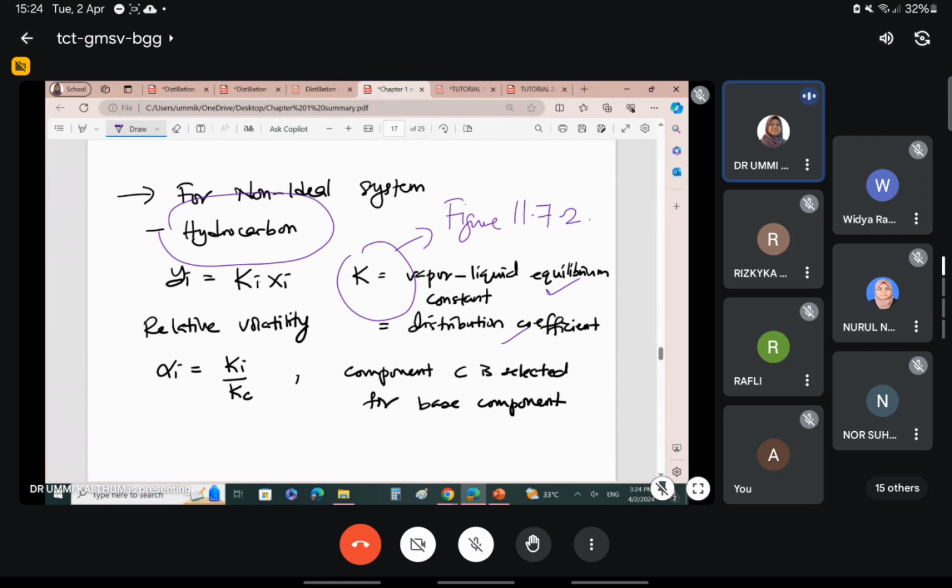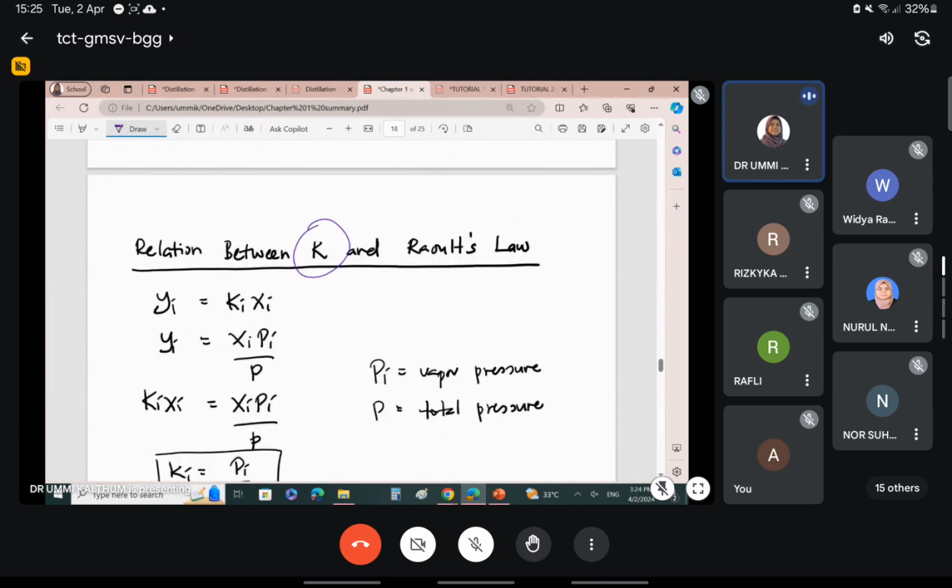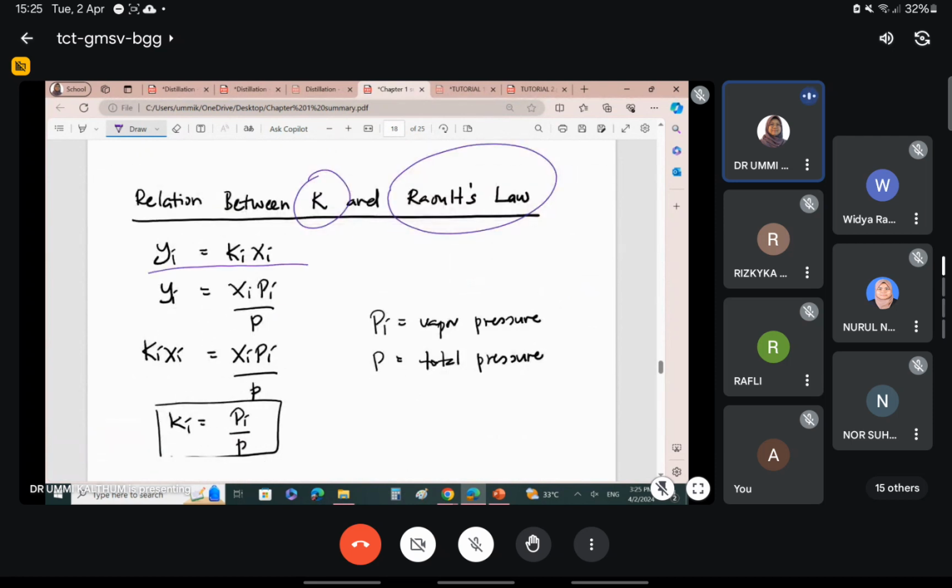Then relative volatility alpha i equals Ki over Kc. Kc is usually selected as the base component to calculate alpha. Alpha is relative volatility.